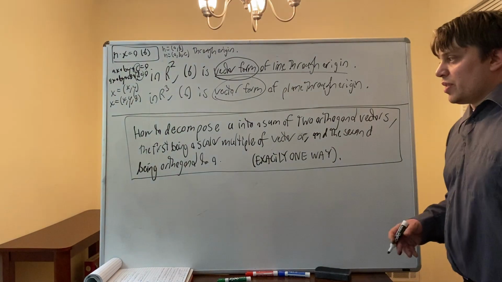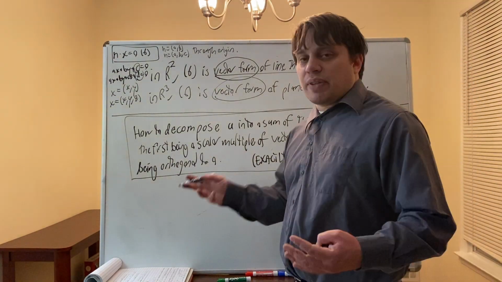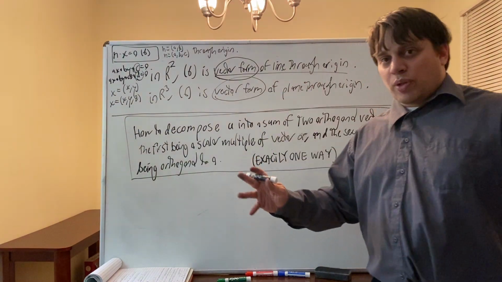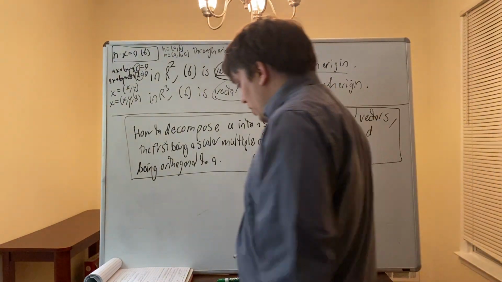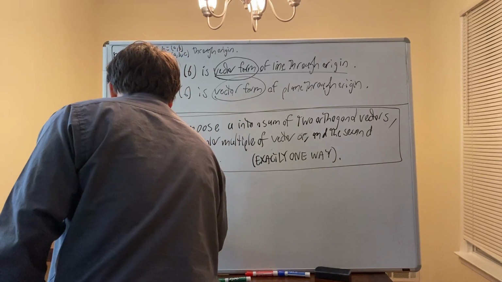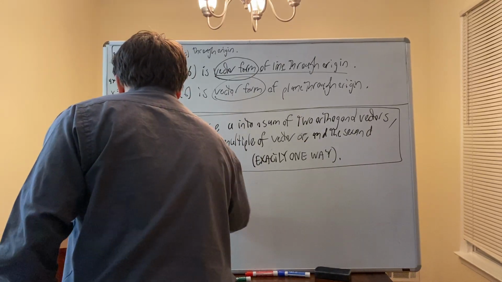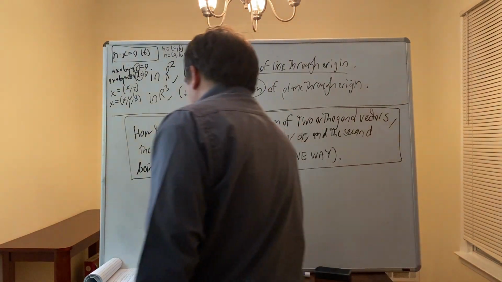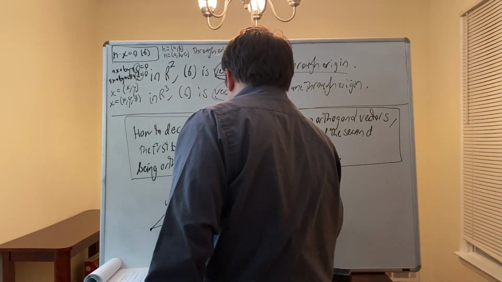Okay, so this determines 2 vectors. So decomposing a vector U into a sum of 2 vectors in this way, there has to be exactly one choice of those 2 vectors. So let's say you have a vector U here, right? And let's say you have a vector A here.